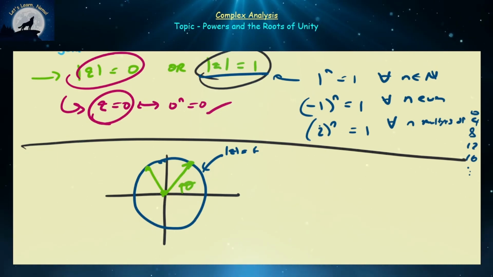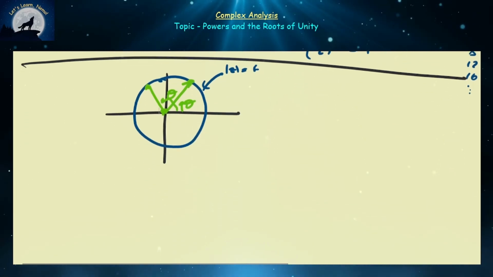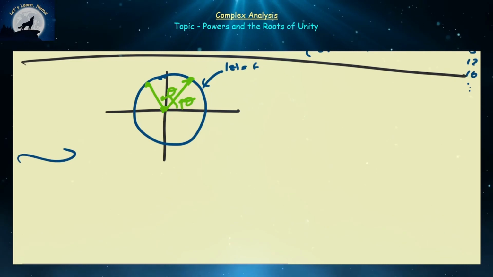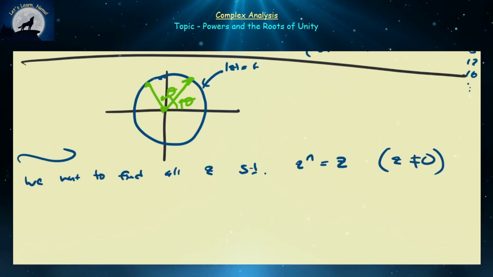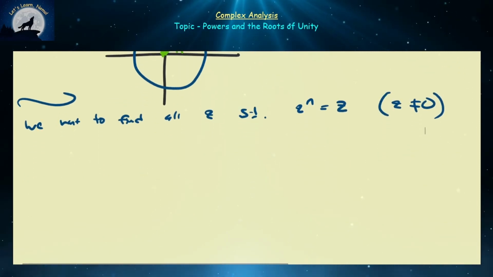So the only thing that really is going to distinguish between these numbers is that particular angle theta. So what values of theta will give us this property? So what do we want? We want to find all z such that z to the power of n is equal to z, where obviously z is not equal to 0 because we already know that that's a solution, but it's a trivial one.